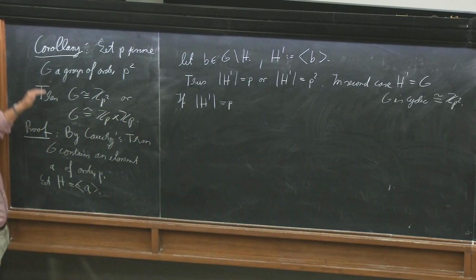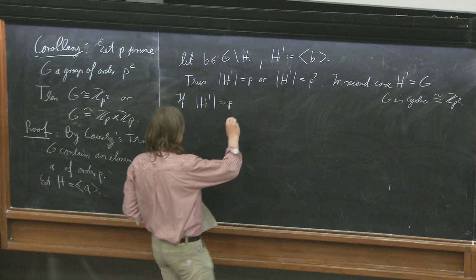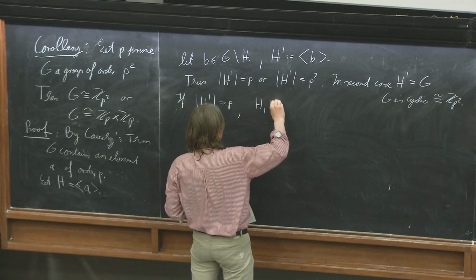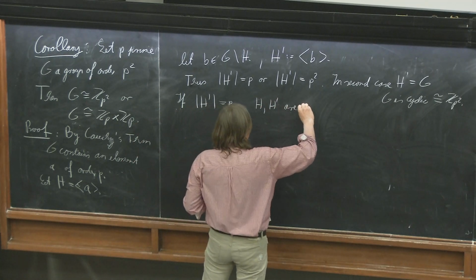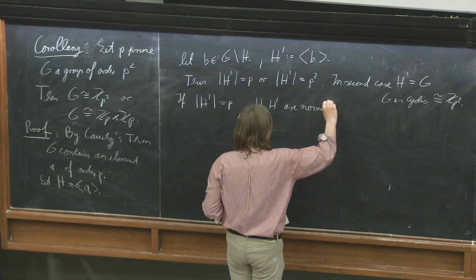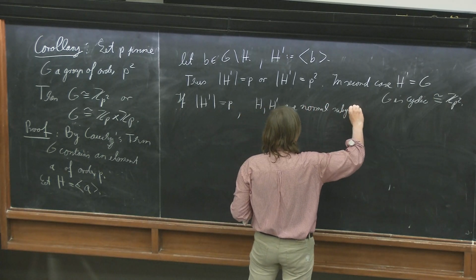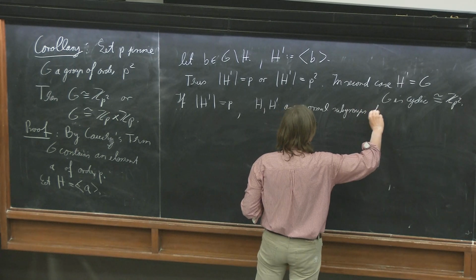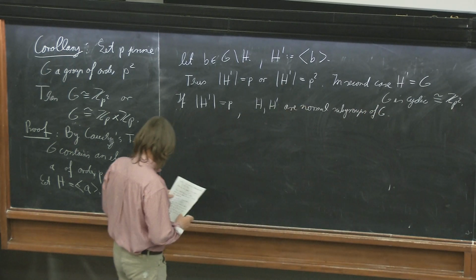We already know that every group of order p squared is abelian, so H and H prime are normal subgroups of G.